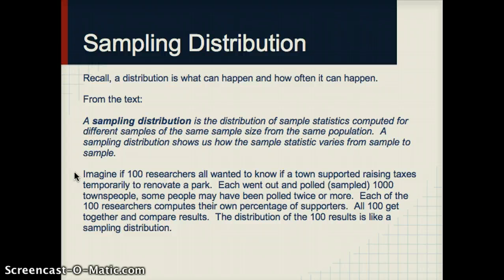I might accidentally ask 1,000 people, and all 1,000 of them say they support the tax increase for the park. Or I might ask 1,000 people and get none of them. All those things are possible. It's just some values are more likely than others. And that's what the sampling distribution will help us understand.